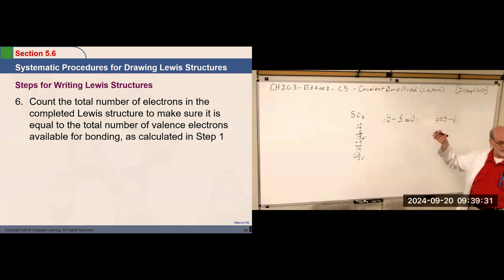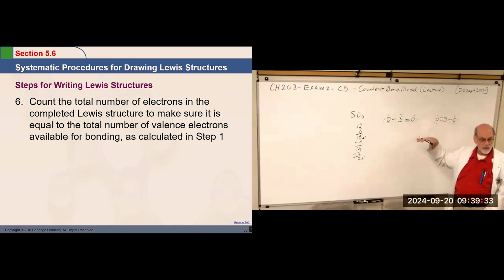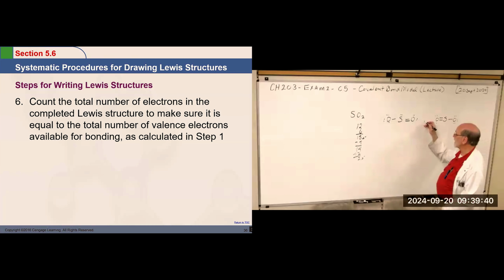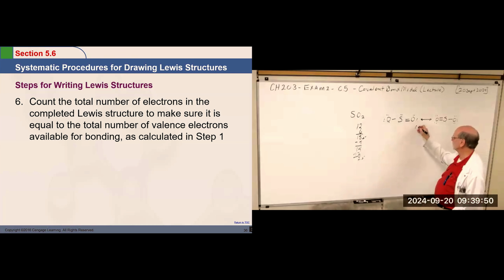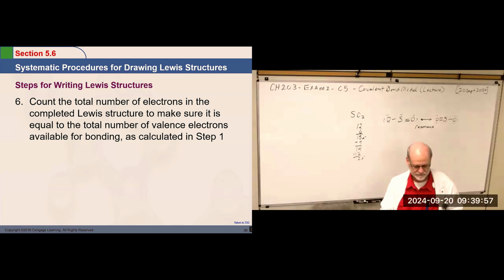And there's a way to tell that they're both equivalent in probability. So when that happens, we say they resonate. The truth is somewhere in between the two.